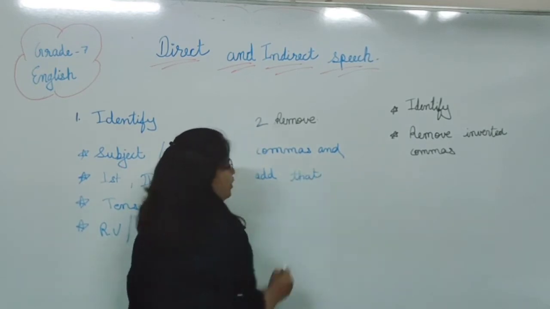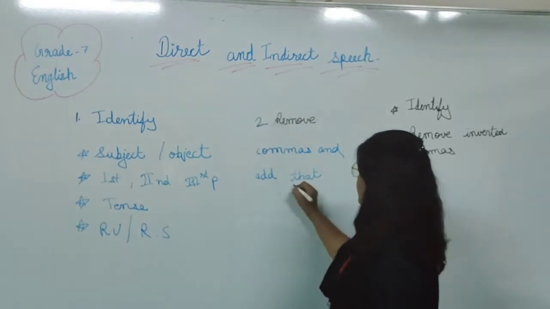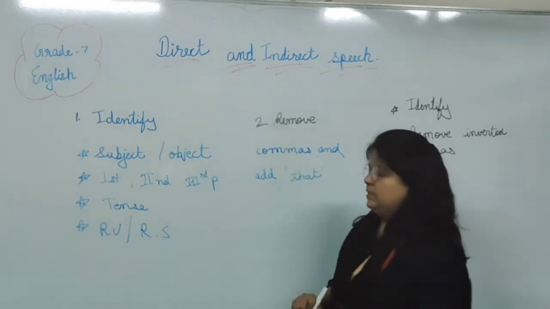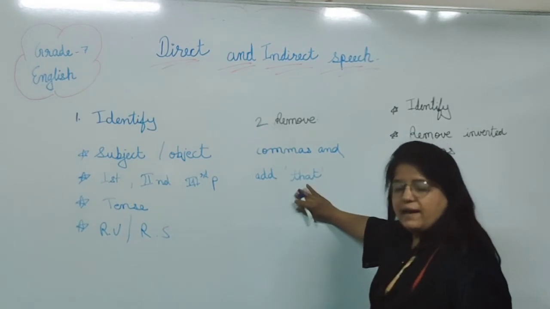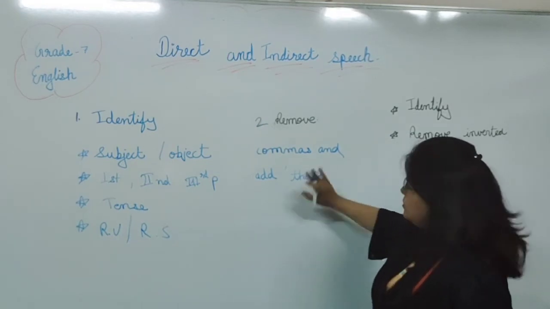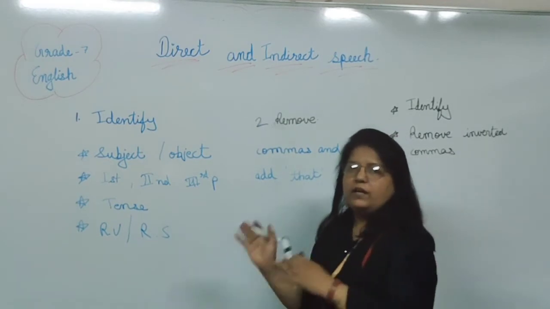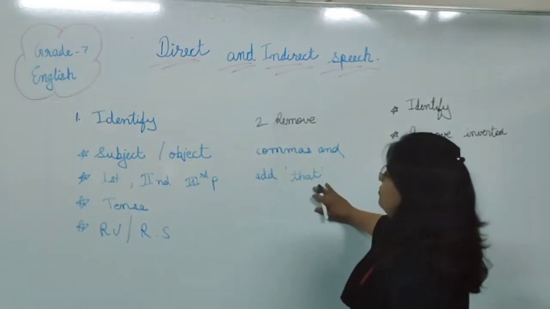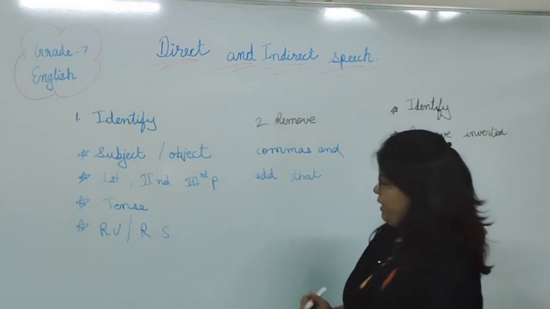Means to join the two sentences, after removing comma, we have to add that in between to join them. That means we are adding that as a conjunction in the sentence to join the two, means reported verb and reported speech. दोनों को join करने के लिए now we will add that word in between.